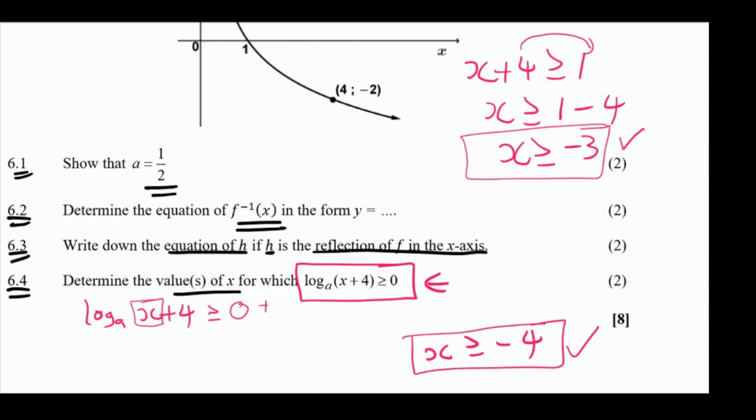So if we look at this minus 3 here, if we substitute x being equal to minus 3, it's going to be log of base a of minus 3 plus 4. So when you add minus 3 plus 4, it gives you a positive 1, so it's going to be log of base a of 1, right?